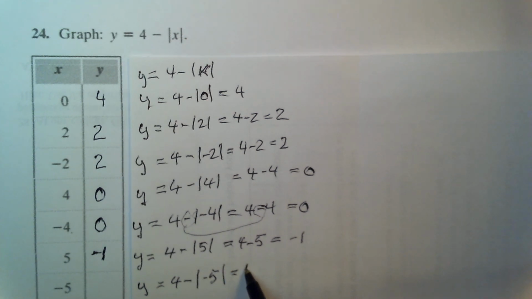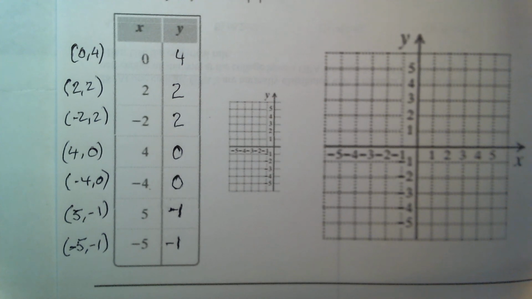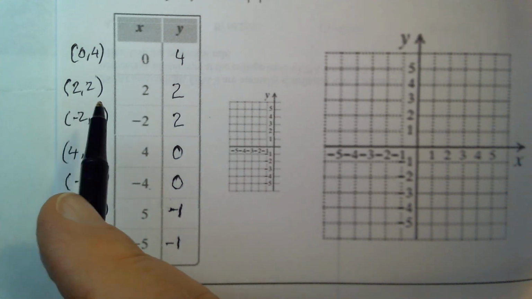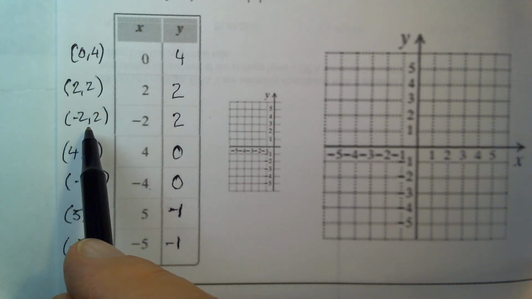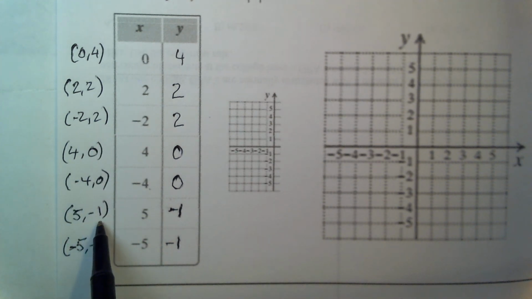The absolute value of negative 5 is 5, so 4 minus 5 is negative 1. So here we have the ordered pairs 0, 4; 2, 2; minus 2, 2; 4, 0; minus 4, 0; 5, minus 1; and minus 5, minus 1.